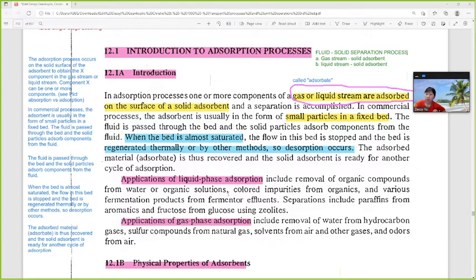When the bed is almost saturated, the flow in this bed is stopped and the bed is regenerated thermally or by other methods, so desorption occurs. Adsorption working and then regenerate.